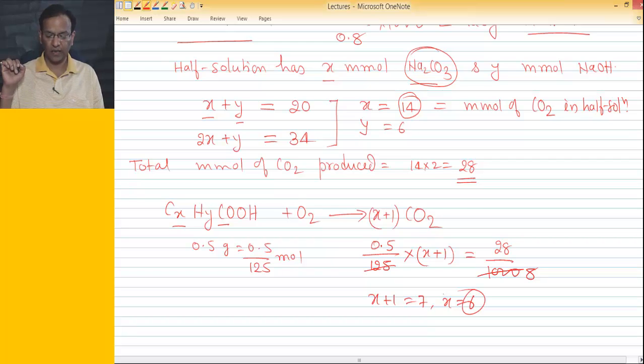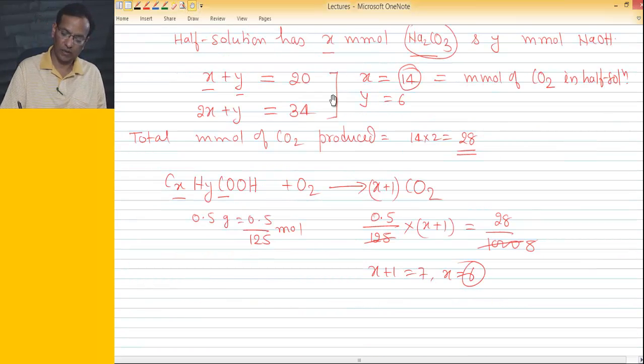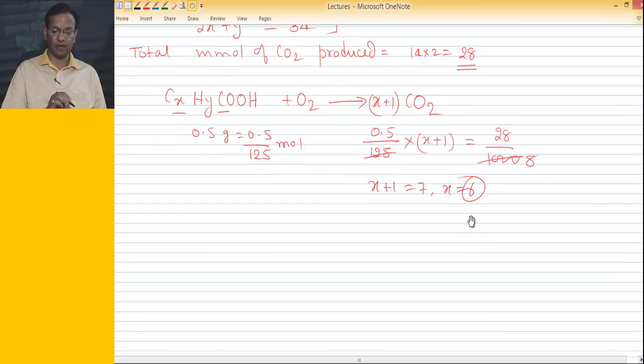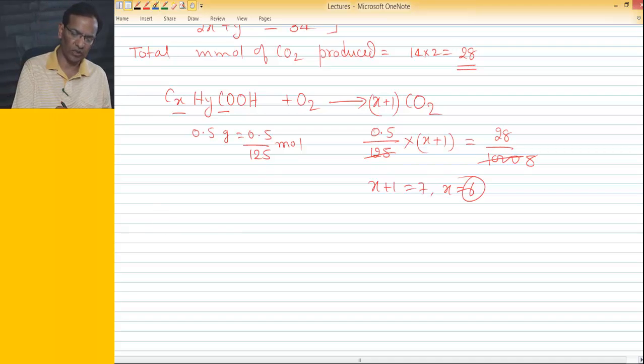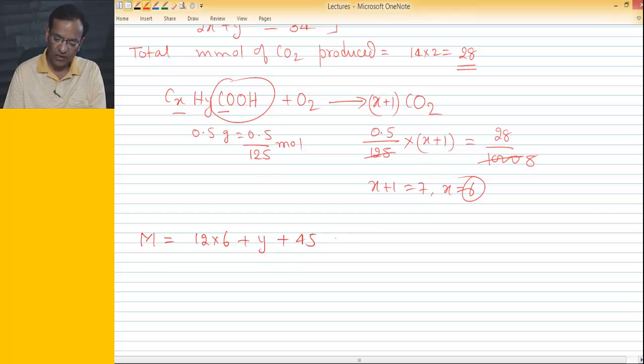Then how do we find out Y? Y can also be known, since the molar mass is known, so just calculate the molar mass. So molar mass of this will be 12 into 6, already we know X, plus Y into 1 plus 45 for COOH, and that is equal to 125.